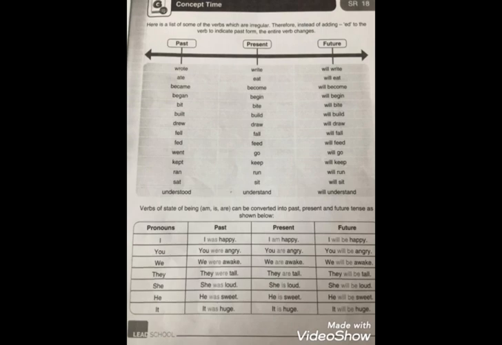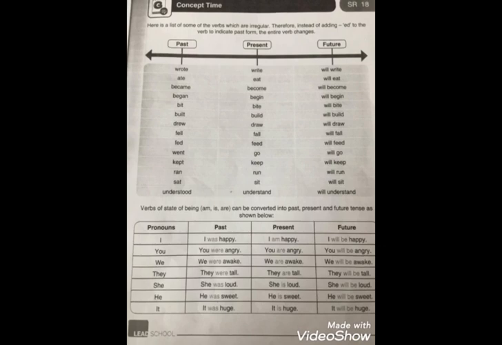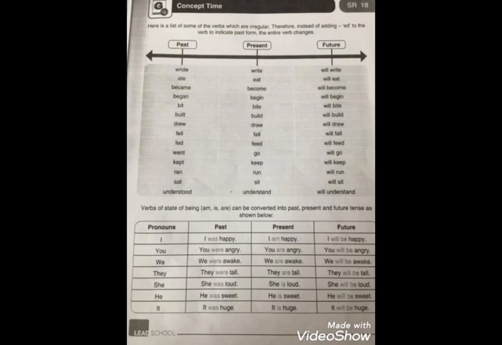Wrote, write, will write. Ate, eat, will eat. Became, become, will become. Began, begin, will begin. Bit, bite, will bite. Built, build, will build. Drew, draw, will draw. Fell, fall, will fall. Fed, feed, will feed. Went, go, will go.